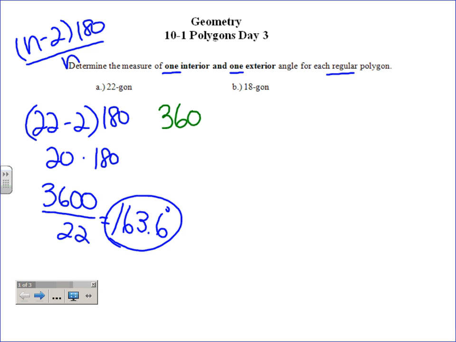No, the total is going to be 360, which I will divide by 22. And it should be no surprise what you get, rounded to the nearest tenth: 16.4. The one in blue is your one interior, the one in green is your one exterior. Why did I say it should be no surprise that that ended up being 16.4?